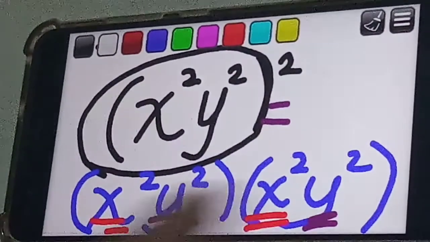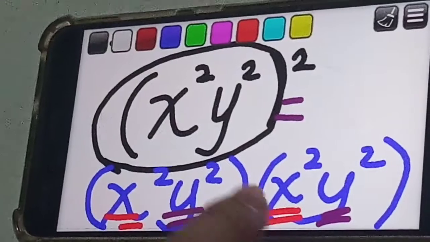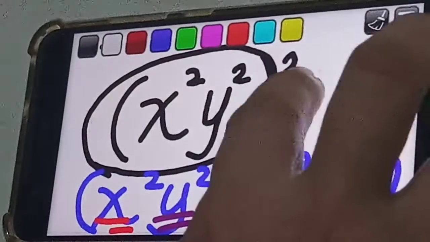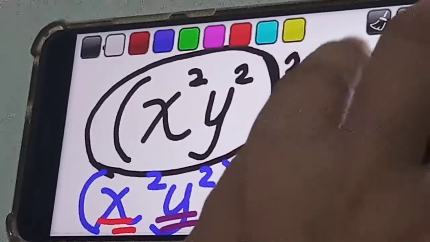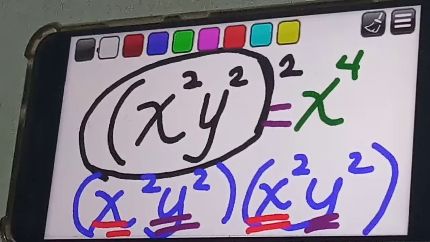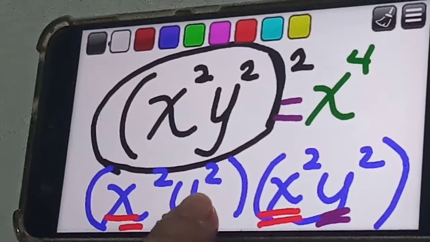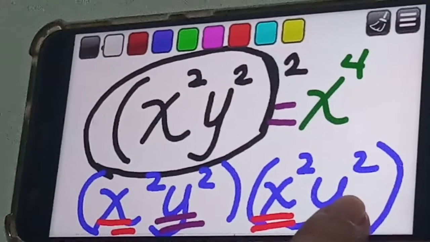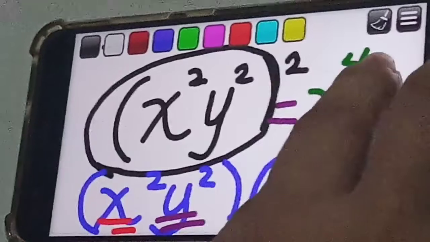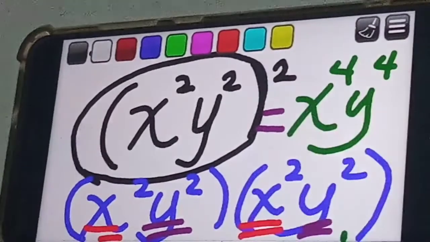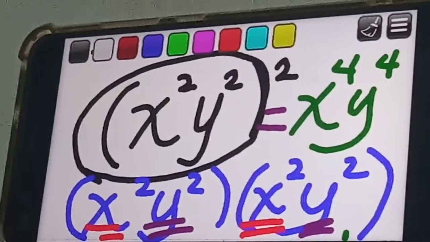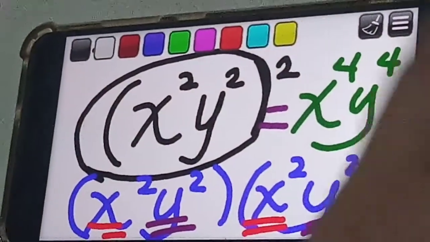Our final answer is x to the second power multiplied by x to the second power will give you x to the fourth power. And then y raised to the second power times y to the second power will give you y to the fourth power. Okay. And that is our law of exponent number 3.